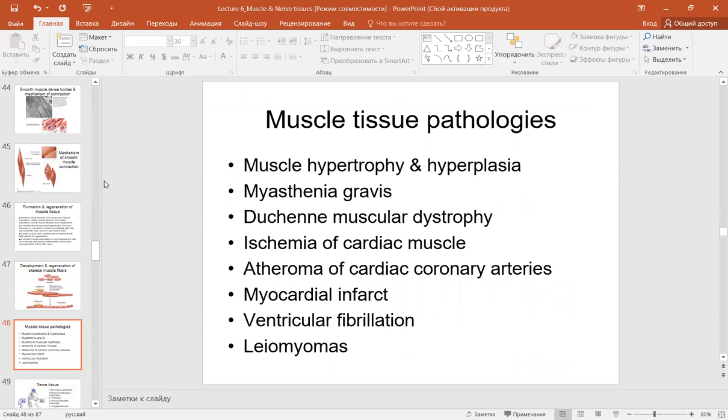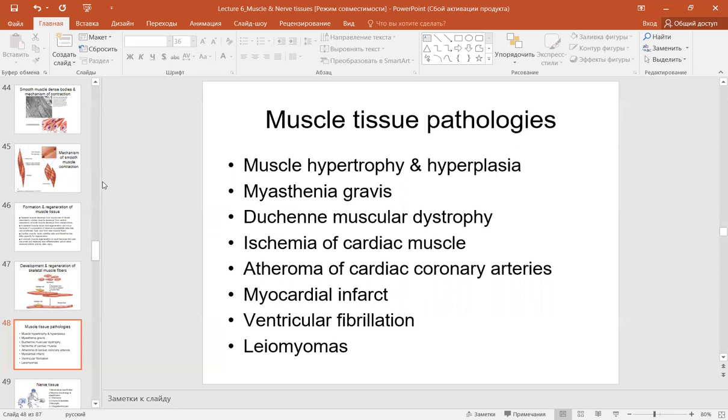These are terms which are related to today's topic, but to particular pathological conditions of different elements of the muscular tissue. Muscle hypertrophy and hyperplasia, myasthenia gravis, Duchenne muscular dystrophy, ischemia of cardiac muscle, atheroma of cardiac coronary arteries, myocardial infarct, ventricular fibrillation, leiomyomas.